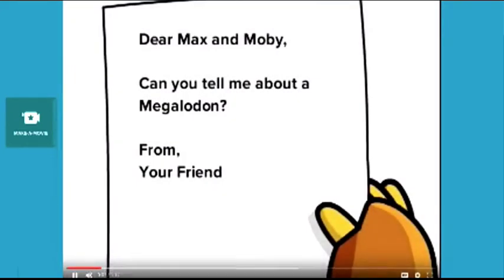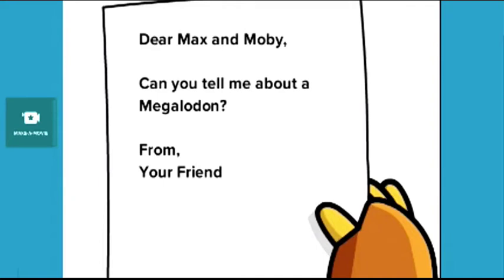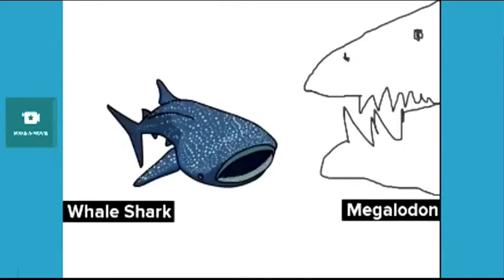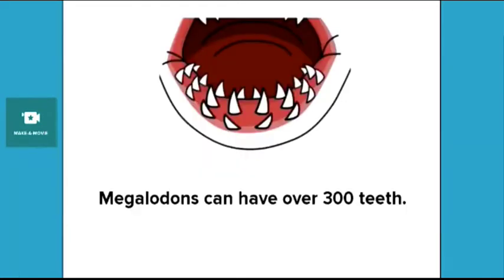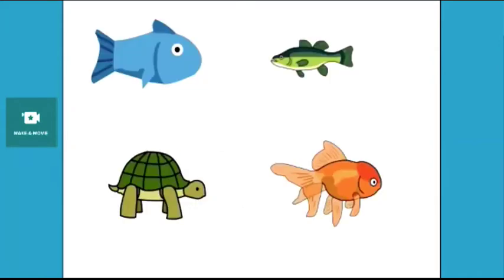Dear Max and Moby, can you tell me about a megalodon from your friend? Megalodons can be bigger than huge whale sharks. Megalodons can have over 300 teeth. That's a lot of teeth. Megalodons can eat fish and little turtles, and even grown-up turtles, and maybe a little tiny boy, and maybe a toy too.